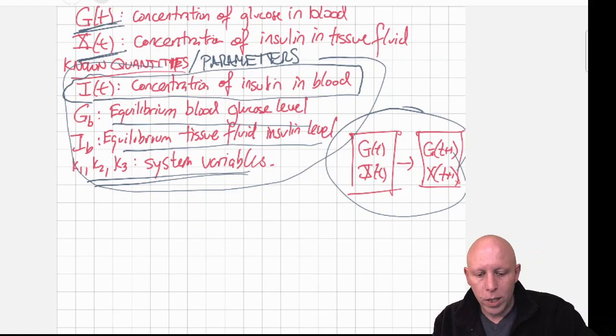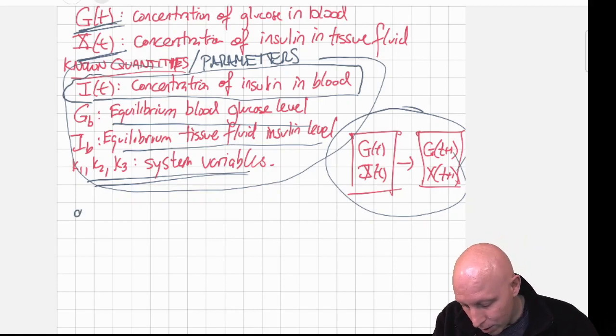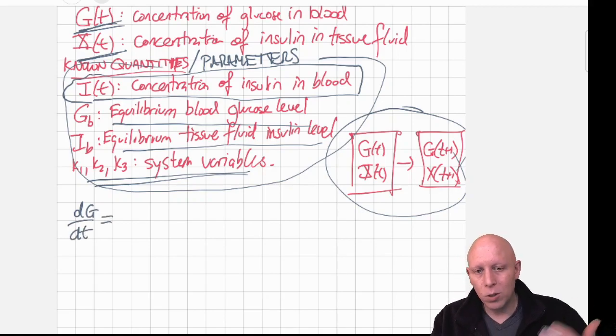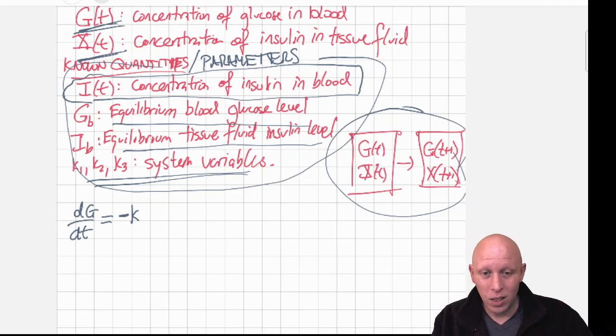The first equation is going to look like the coffee cooling setup. If we're looking for dG/dt, how does the glucose change over time? The rate at which glucose is changing is going to try to revert back to its base level.